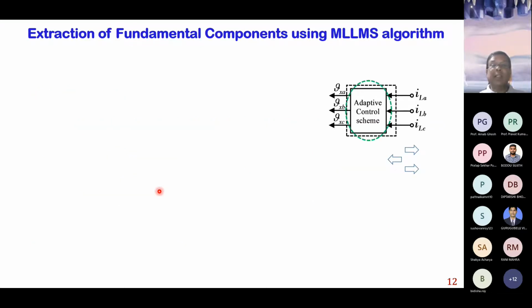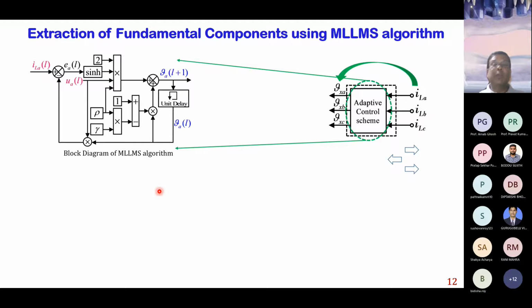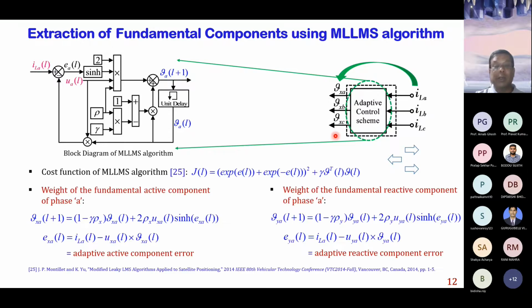Then the third aspect, which is more important, is controlled by employing an adaptive algorithm called the modified Leaky LMS algorithm, in which we measure these load currents, and we need an adaptive control that finds out these VXA, VXB, and VXC.